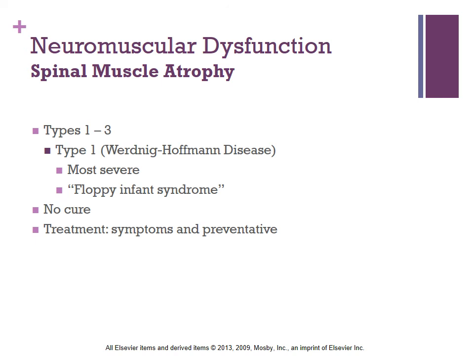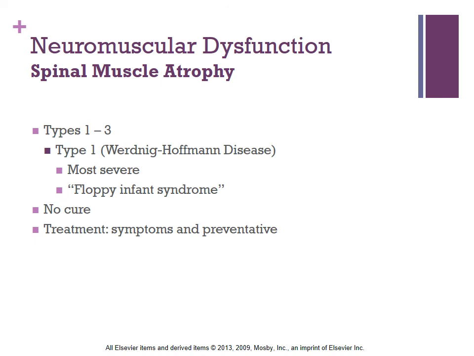They may end up being on a BiPAP machine at home because when they sleep, they're going to obstruct, because they're losing all their skeletal muscle abilities. With SMA, they actually have degeneration of the anterior horn cells, and that is what controls your skeletal muscles.